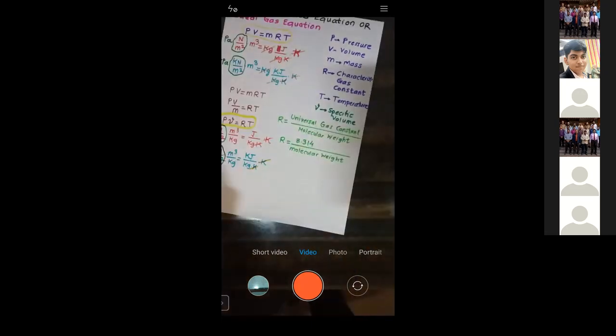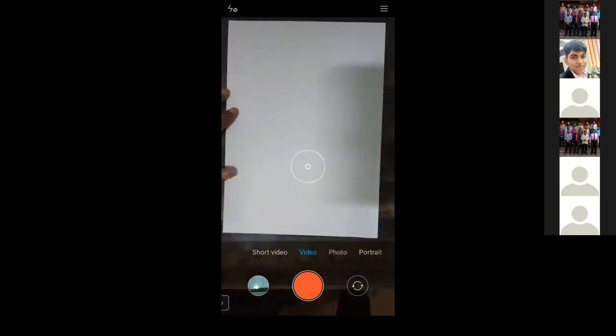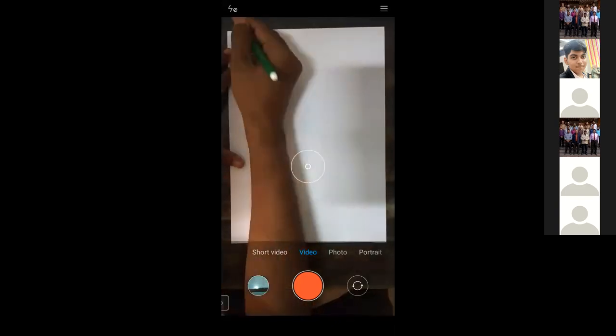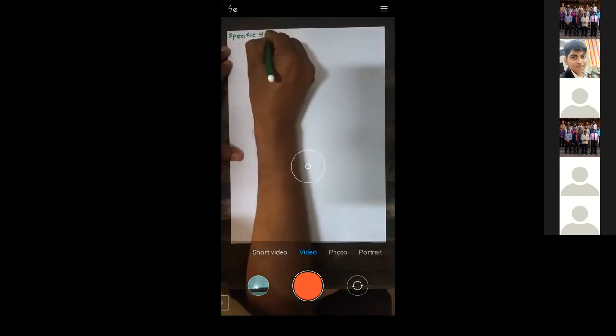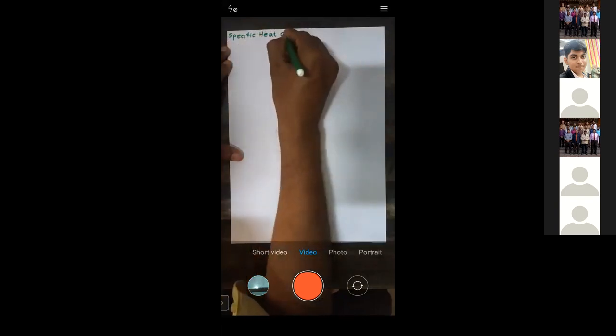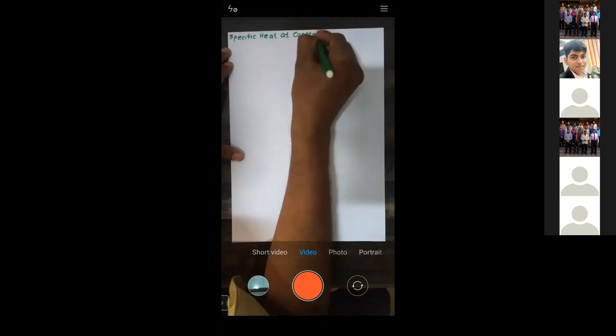Now let us move to the next point. That is called the specific heat at constant pressure.